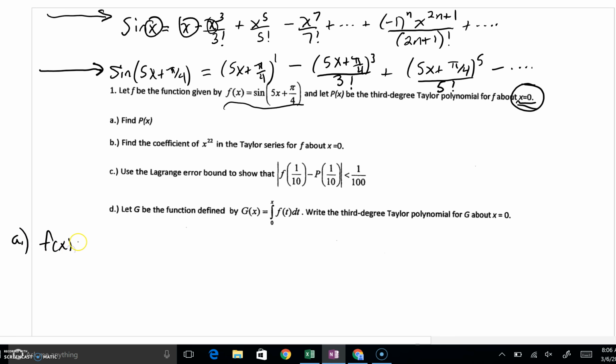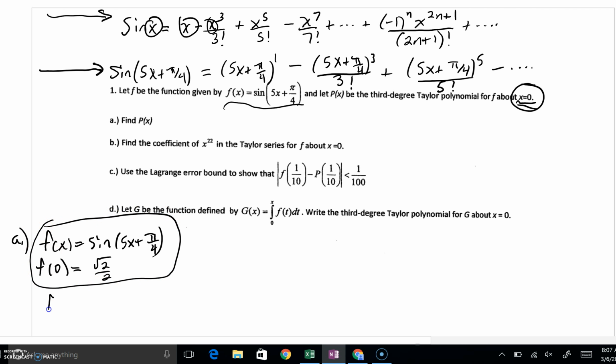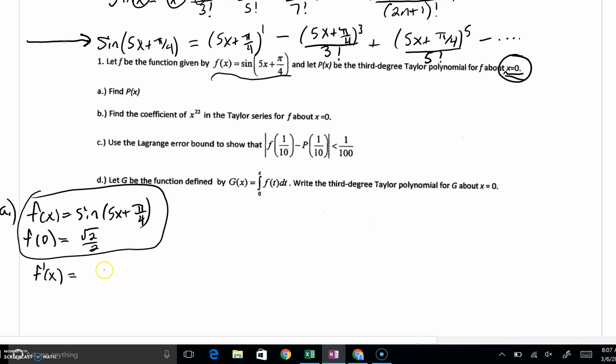Taking f of x is your sine of 5x plus pi over 4. Of course, what we'll do is we're centered at 0, so we'll plug in a 0. We'll just have radical 2 over 2. The sine of pi over 4 is simply that. As we take our first derivative, you're going to see the derivative of sine is cosine.